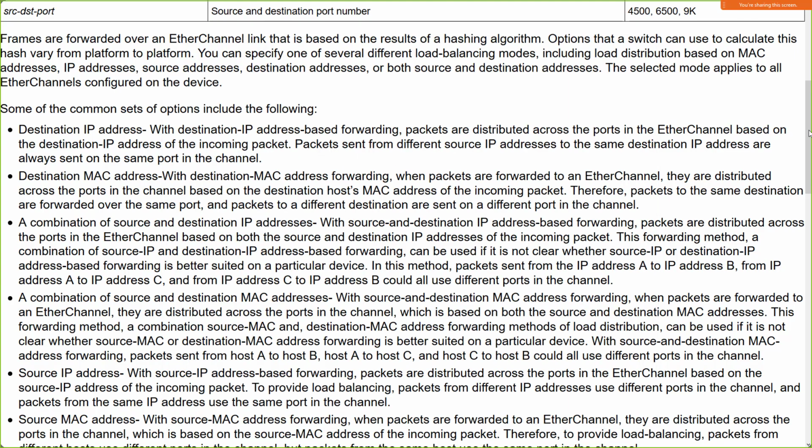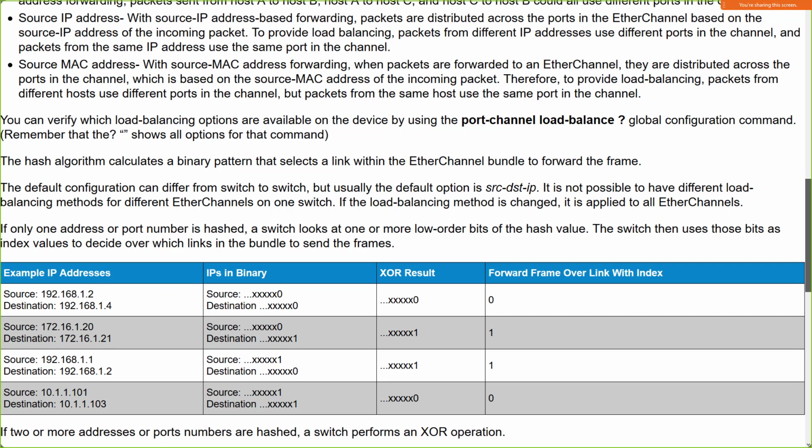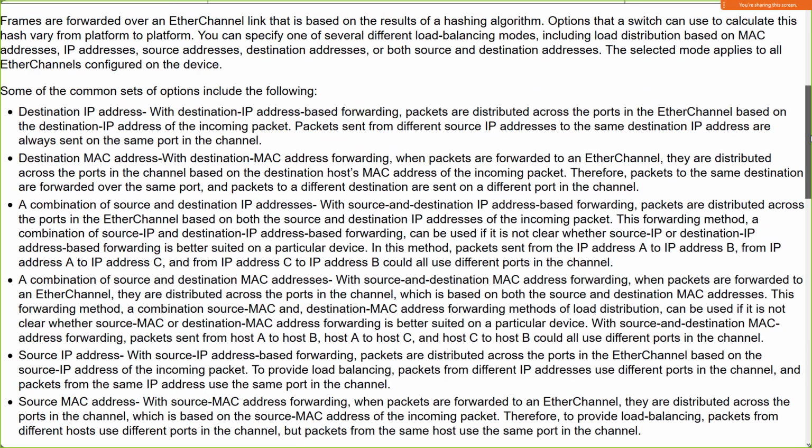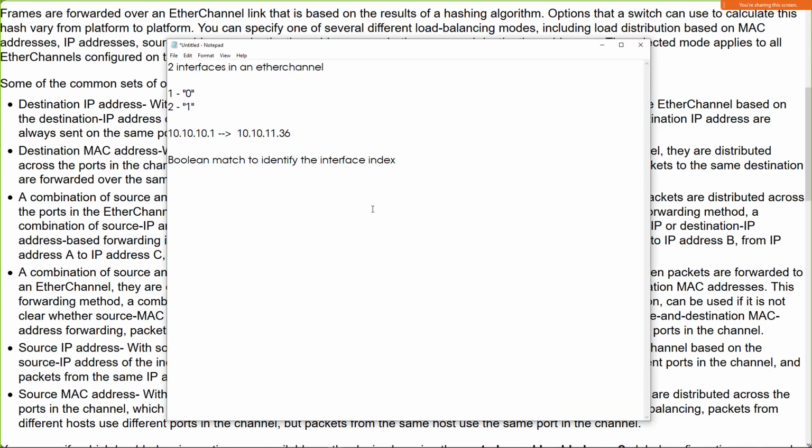Now I am wondering if it's an AND or an OR. It's an XOR operation. For some reason I forgot that, but we're doing an XOR operation. I'm basically describing what the book is describing, and I'll show you in the book as well. We're going to do an XOR operation to identify which interface index this particular packet flow gets assigned to.